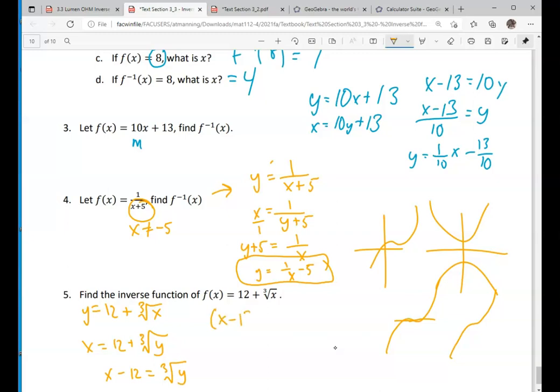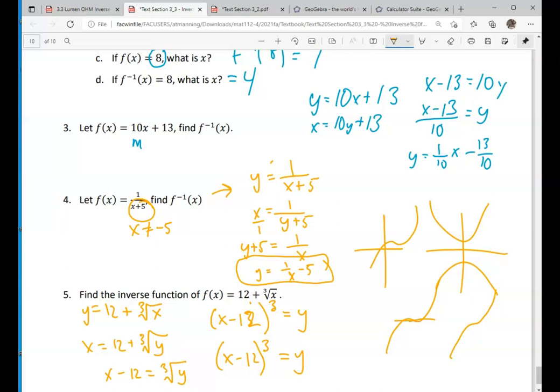Make sure you cube the entire thing. Don't do x cubed minus 12 cubed. It's x minus 12, the quantity cubed, equals y. That is the proper inverse. X minus 12, the quantity cubed, equals y is our inverse function.